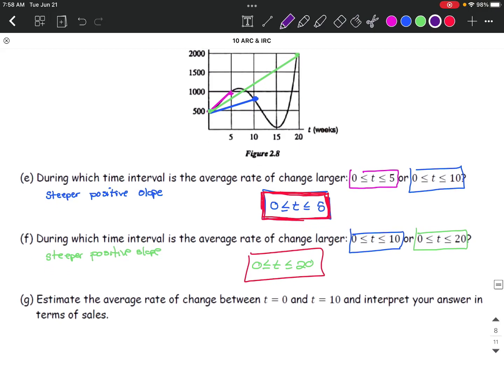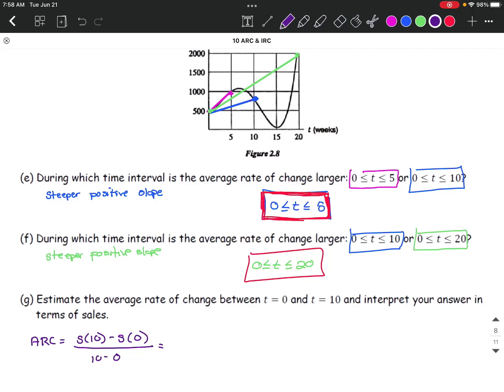Now we want to estimate the average rate of change between 0 and 10 and interpret our answer. In order to find the average rate of change, we would find the sales at time 10 minus the sales at time 0, over 10 minus 0. It's the change in y's over the change in x's.